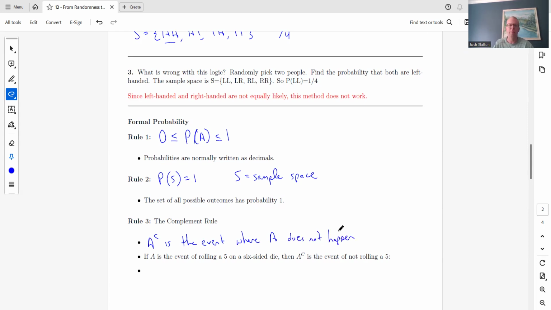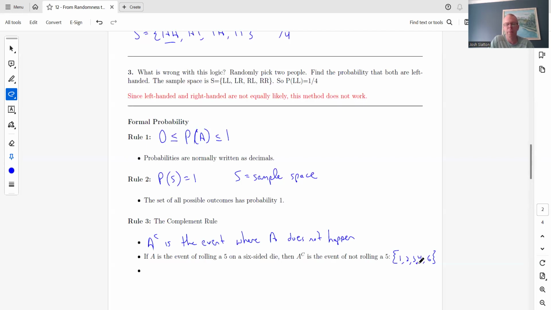So it's all the possibilities where A does not happen. So if A is the event of rolling a 5 on a 6-sided die, then A complement is the event of not rolling a 5, or to say it another way, to roll a 1, 2, 3, 4, or 6. So rolling anything besides a 5, that would be a complement.